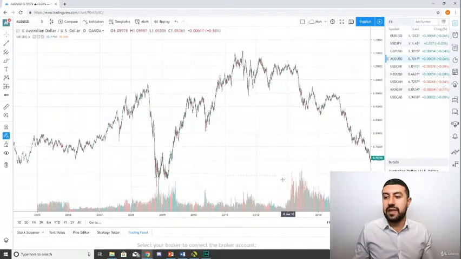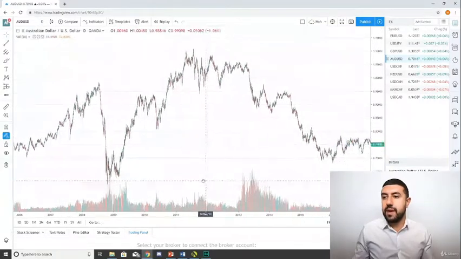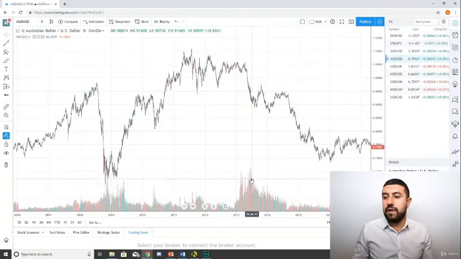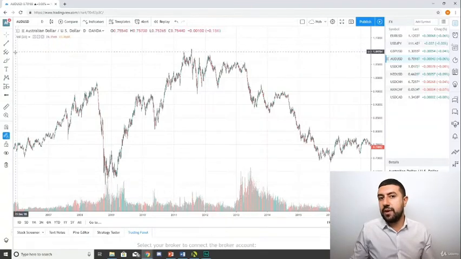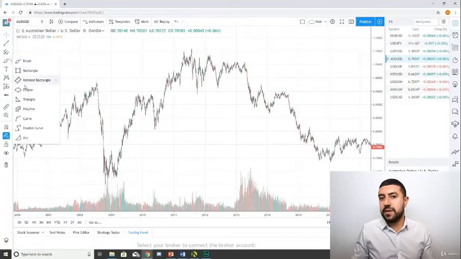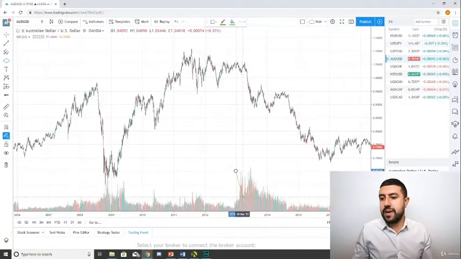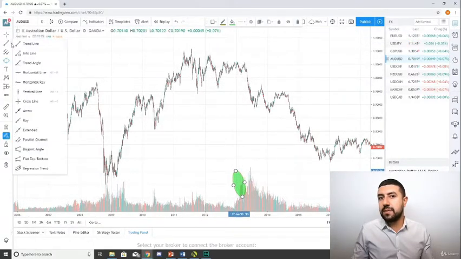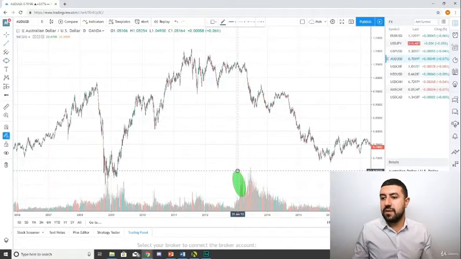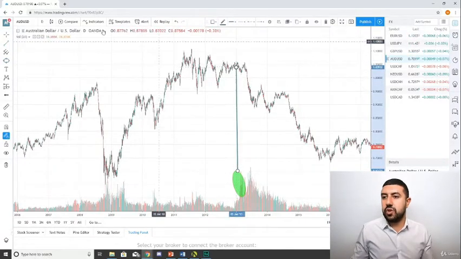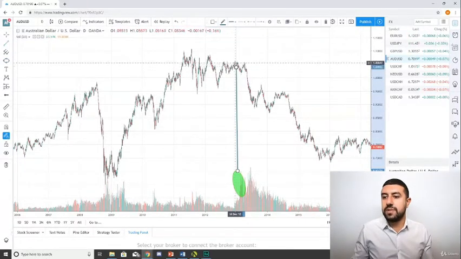And even here, you see that there's a bunch of volume. So volume was pretty okay. And then at one point, volume really spiked. You can see here there's a volume spike. So prices hadn't even dropped.